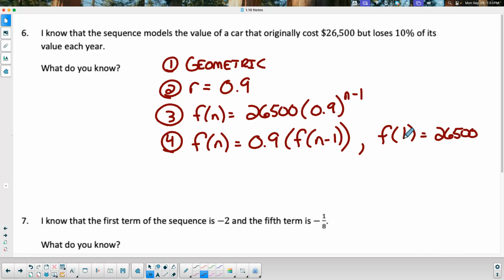So we can't do anything. We can't figure out if it's arithmetic or geometric, because we don't know. We can't come up with a common ratio or a common difference. We can't come up with a recursive or explicit formula for it. We can't even fill in terms in between. We can't fill in any missing terms because, again, we don't know what it is.